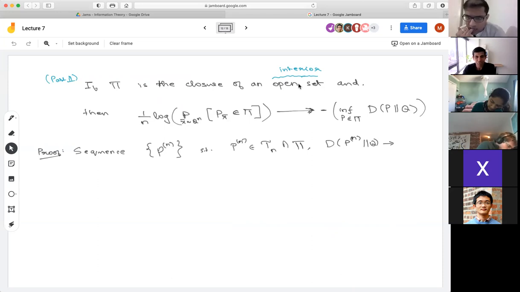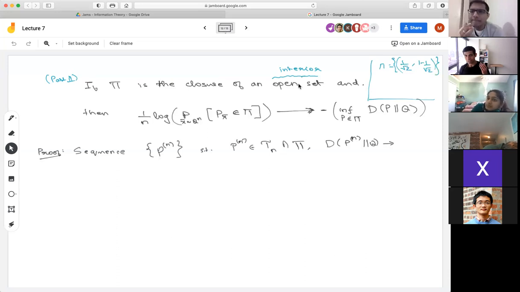In general, we can't always expect a lower bound on this kind of probability that the type is in pi for arbitrary sets pi. As an example, if your pi only had this one distribution, which is, let's say, 1 over root 2 on the value 0 and 1 minus 1 over root 2, then no matter what n is, the probability of the type of a sequence being equal to this one distribution is 0.